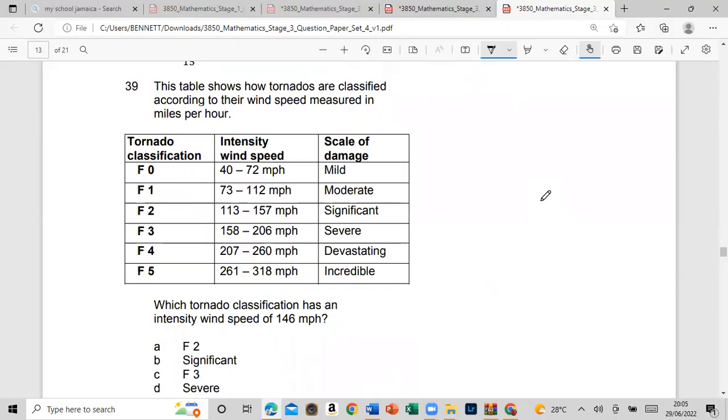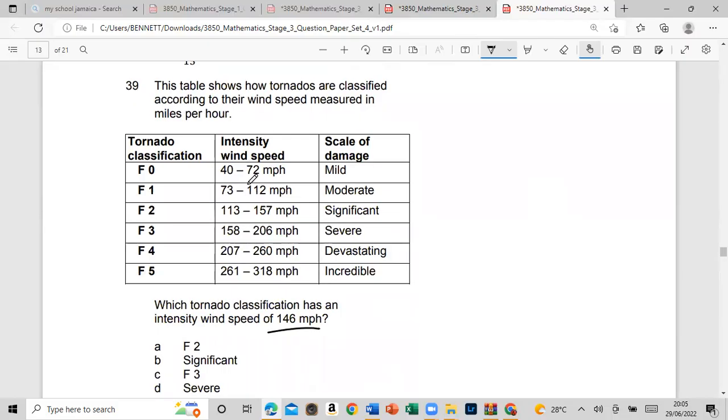This table shows how tornadoes are classified according to their wind speed measured in miles per hour. Which tornado classification has a wind speed of 146? So 146 is an F2. So that's an F2 by another line, so 146, yeah.